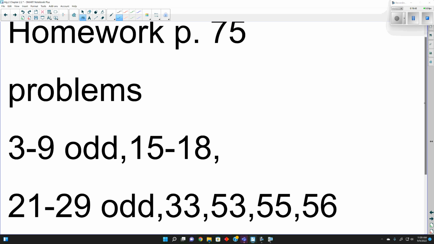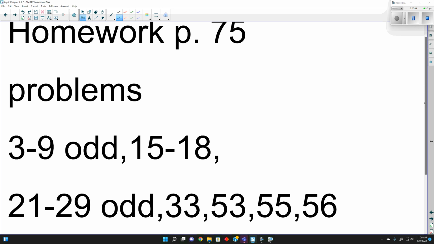Unless it says odd right after it or before that next comma, it's going to be all. So 15 through 18, all. 21 through 29, odd. And again, for these here, you're identifying the vertex and axis of symmetry. You do not have to graph it. And then 33, you're identifying the error and correcting it.